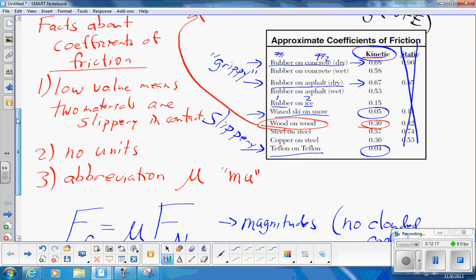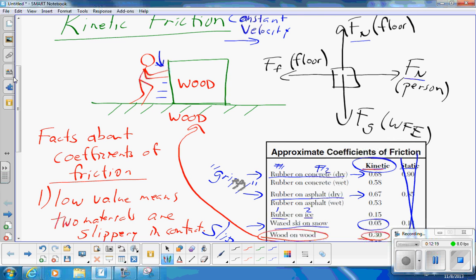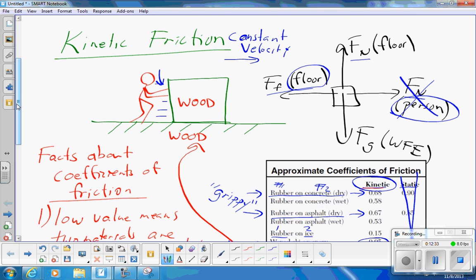What that means here is that I would not put the friction force exerted by the floor into a formula with this normal force exerted by a person. I would not put those in the same formula. I have to put the friction force exerted by the floor along with the normal force exerted by the floor. These two forces both come from this surface of contact between the wooden floor and the wooden box. Those are the two forces that go together into that friction formula.